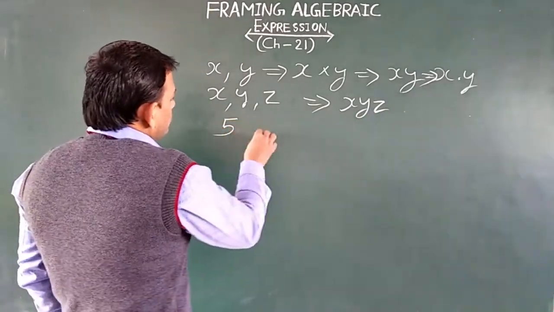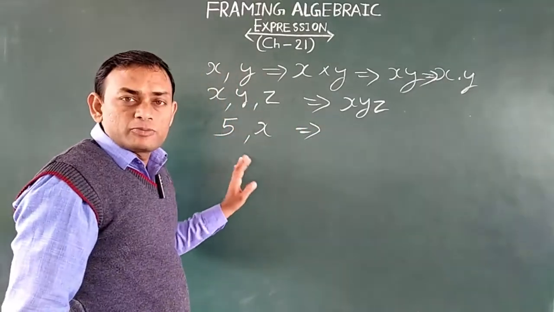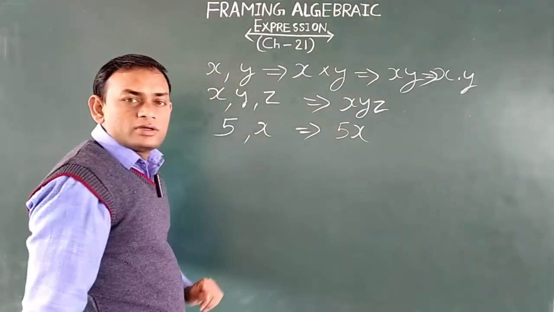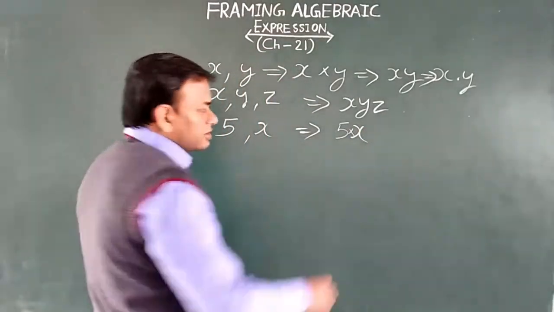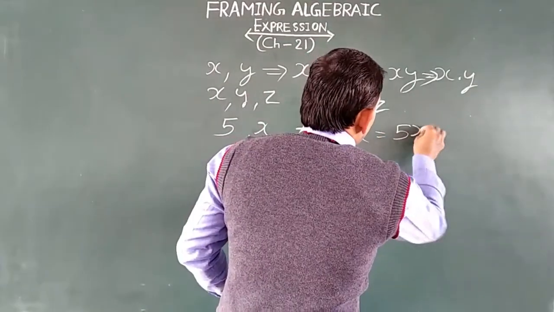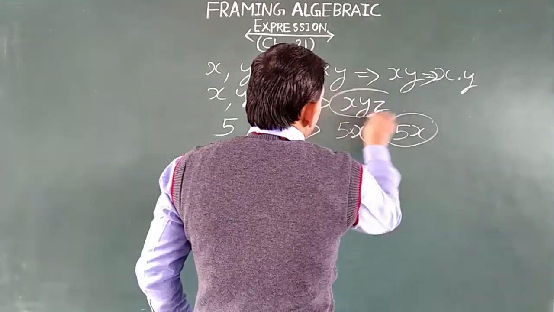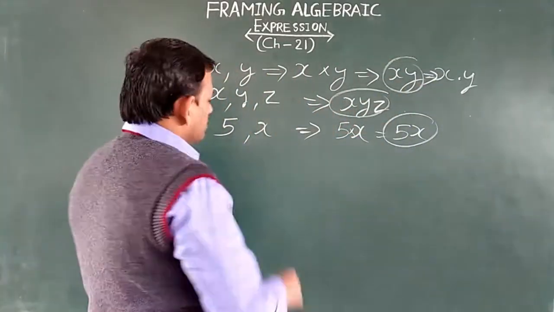Now suppose one constant and one variable are there. How do you write the product of them? You will write only 5x. It may be written 5 into x, but in algebra you write only 5x. So you write 5x, here xyz, and here xy.